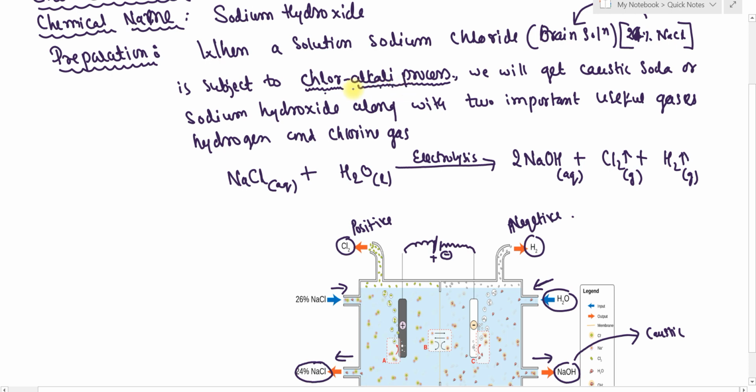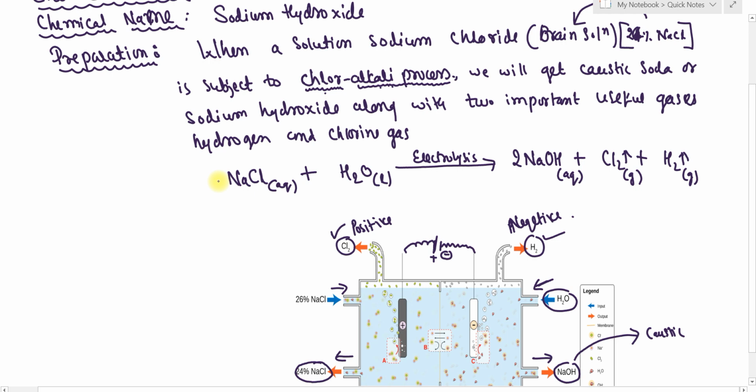When subjected to the chloralkali process, we get caustic soda or sodium hydroxide, along with two important useful gases, hydrogen and chlorine. This is the chlorine gas and this is the hydrogen gas. The reaction is not balanced, so we have to take 2NaCl plus 2H2O.